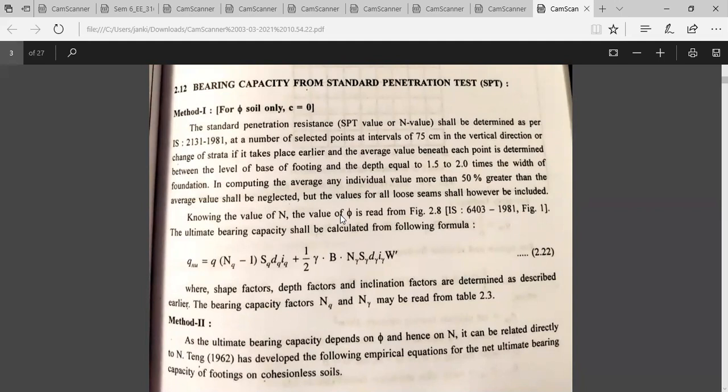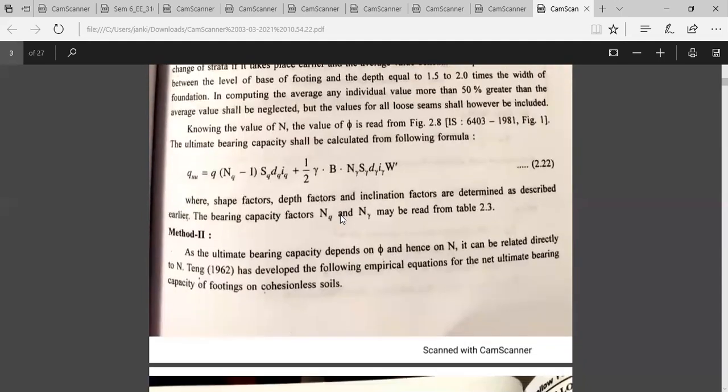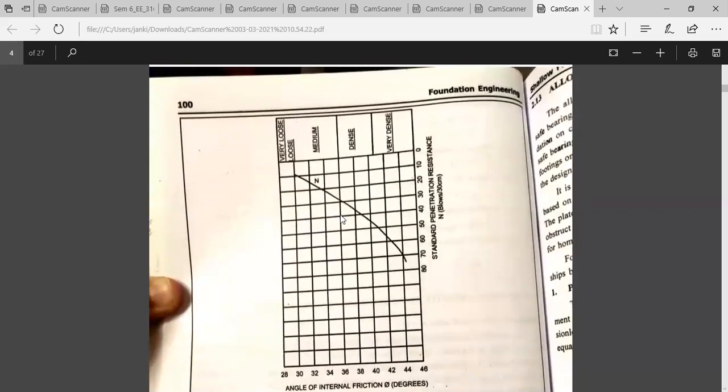Going forward to method 2, the ultimate bearing capacity mainly depends on phi and hence on N, which is the SPT value, so it can be related directly to N. Teng in 1962 developed the following empirical equation for the net ultimate bearing capacity of footings on cohesionless soil, right?